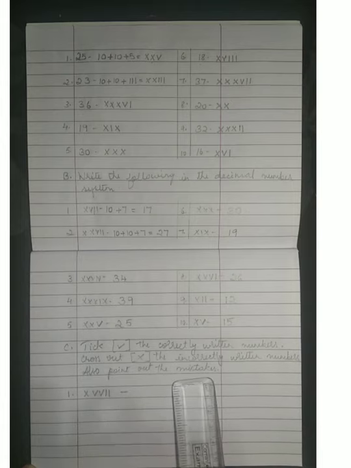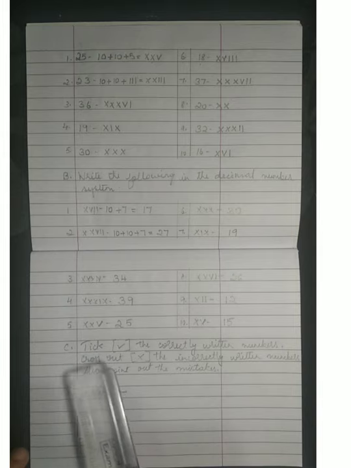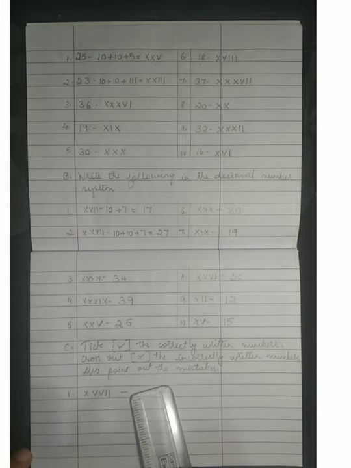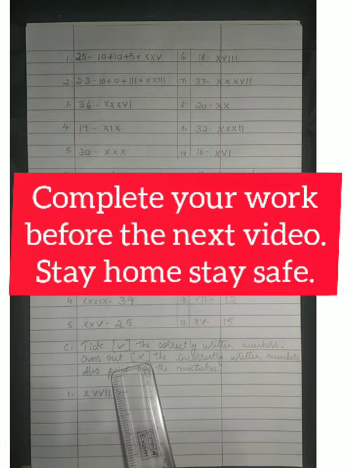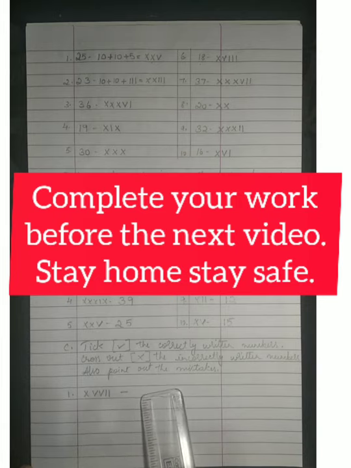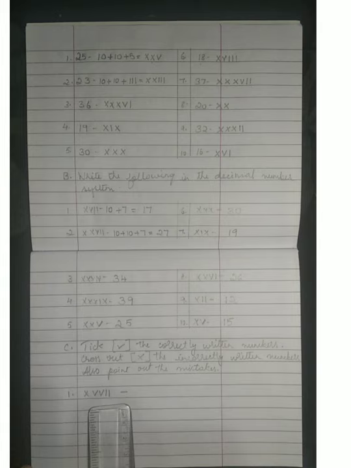Also point out the mistakes. If it is a tick, nothing to worry, children. We shall put it as a correct mark and leave it. But if it is wrong, we put an incorrect mark here and we have to write the reason why it is incorrect. So shall we start with the first one?